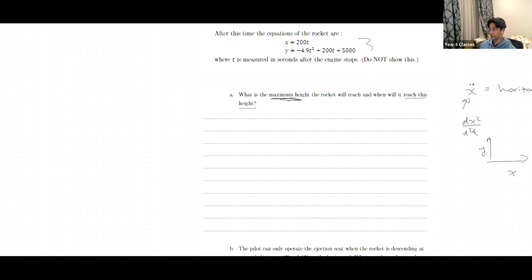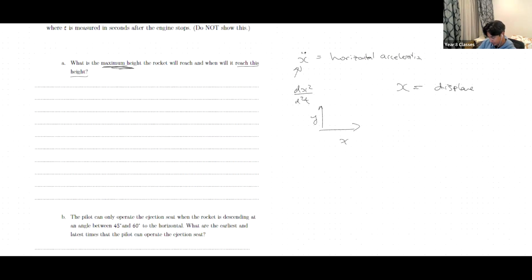If you diff it twice, you get acceleration. So x is displacement, dx/dt equals velocity, and the shorthand is just x dot. Then d squared x over dt squared, the second derivative, is acceleration, and the shorthand of writing that is x double dot.